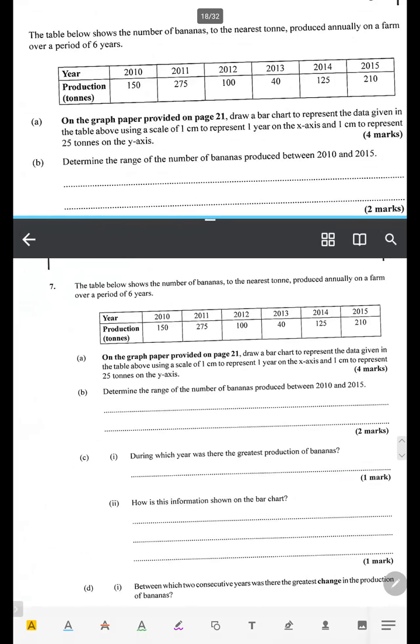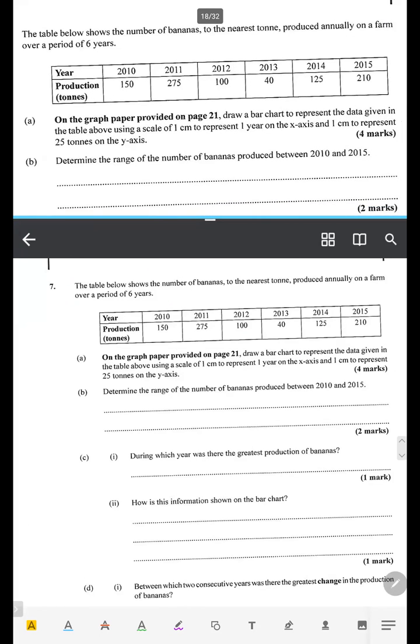Question 7 gives us this diagram, and it says, the table below shows the number of bananas to the nearest ton produced annually on a farm over a period of 6 years. So we can see that from 2010 to 2015, 6 years. It says on the graph paper provided, draw a bar chart.